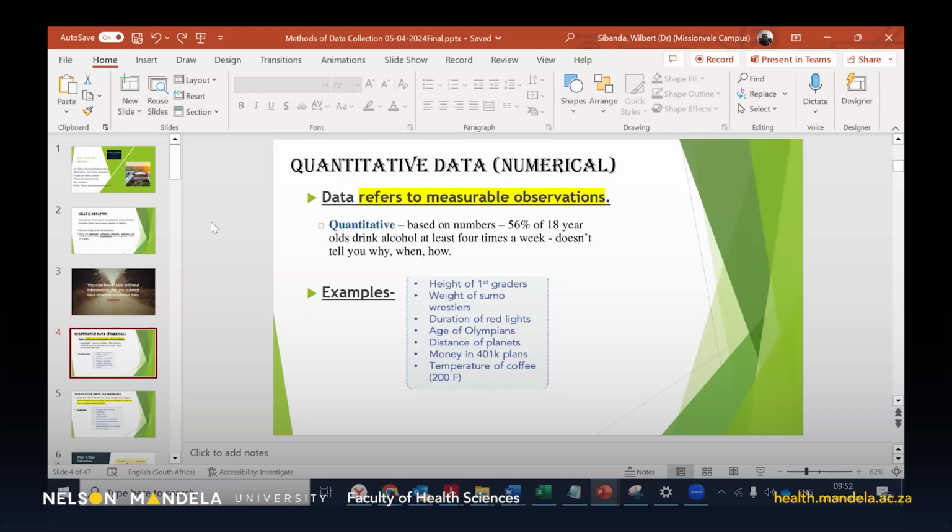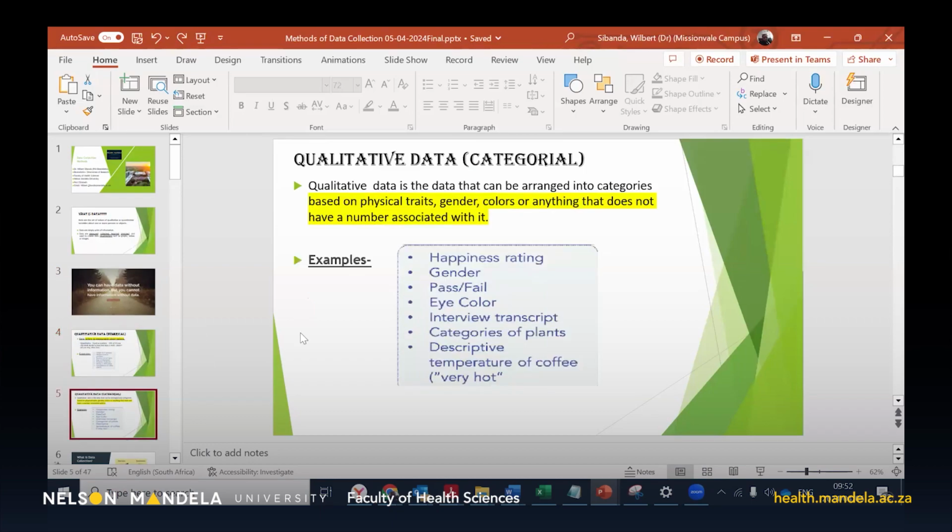And then quantitative data. Here I'm looking at numerical data. Quantitative data refers to measurable observations, based on numbers. Examples I've given you: the weight of sumo wrestlers, the duration of red lights, and so forth. That's quantitative data. It's based on numbers. I'm just going to quickly move through this. Like I'm saying, we need to have a fully fledged workshop on this.